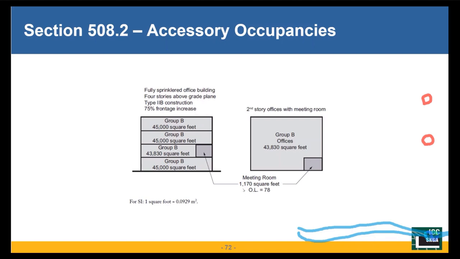The meeting room has an occupant load of 78, so it would otherwise be considered assembly occupancy and must be separated in general from the group B. However, the area is 1,170 square feet, less than 10%. The area does not exceed the tabular area. It is a meeting room accessory to the B. Therefore, we do not need to provide fire barriers to separate this accessory occupancy from the main occupancy.